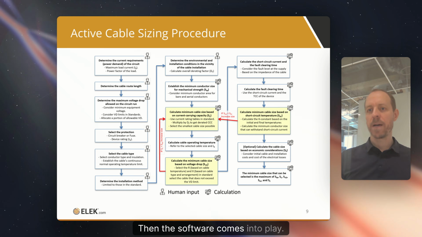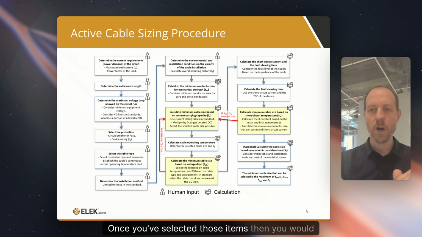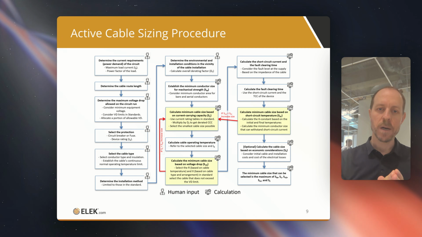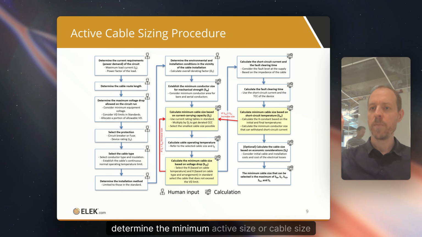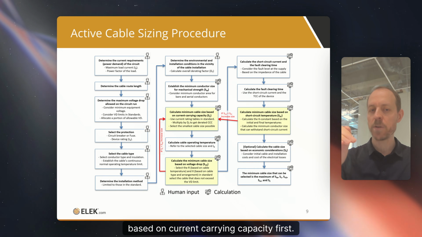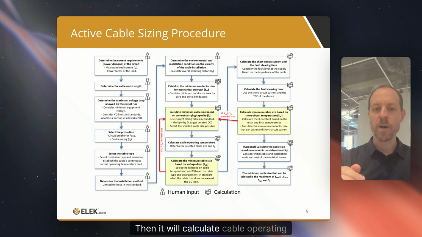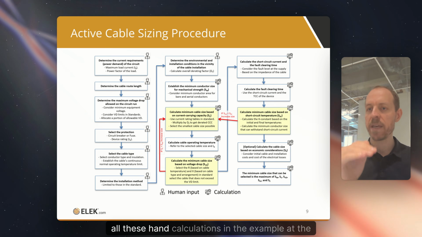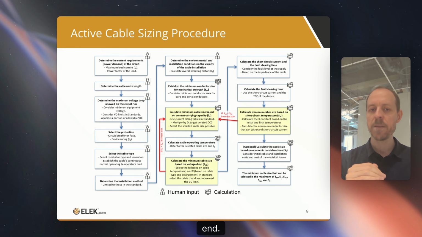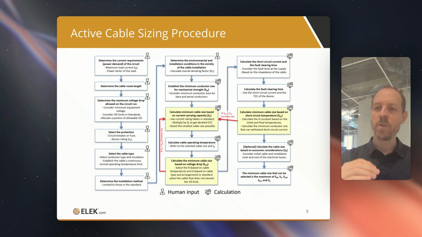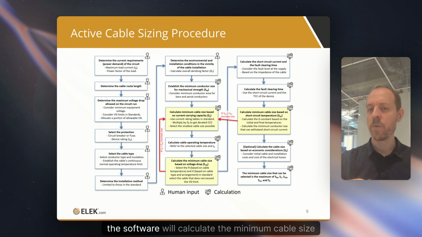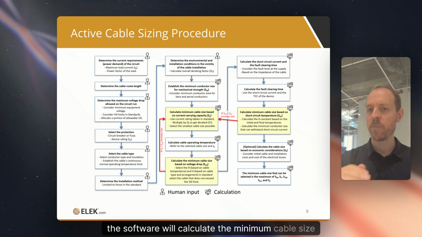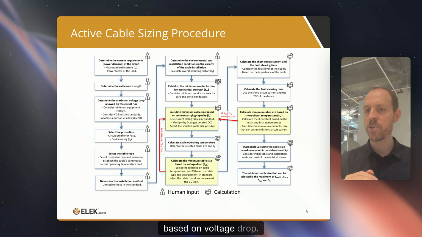Then the software comes into play. Once you've selected those items, then the software will determine the minimum active size or cable size based on current capacity first. Then it will calculate cable operating temperature, and I'm going to show you all these hand calculations in the example at the end. Next, the software will calculate the minimum cable size based on voltage drop.